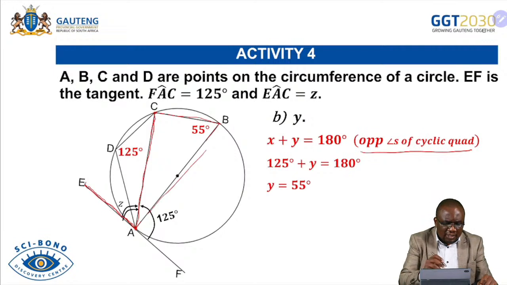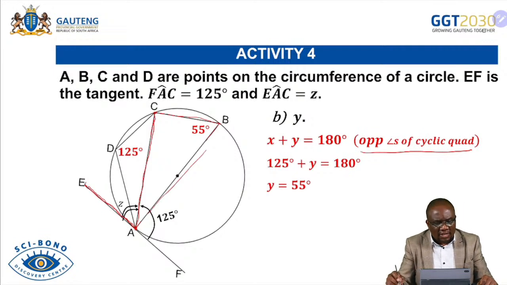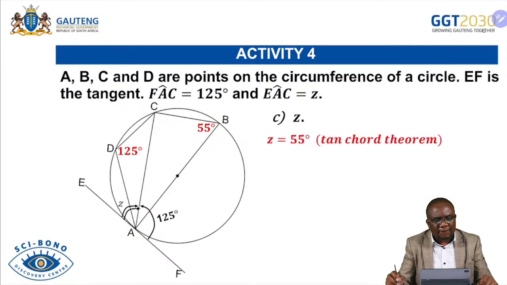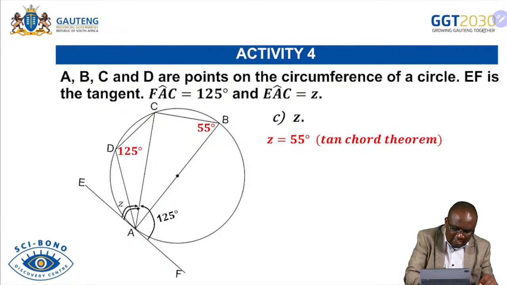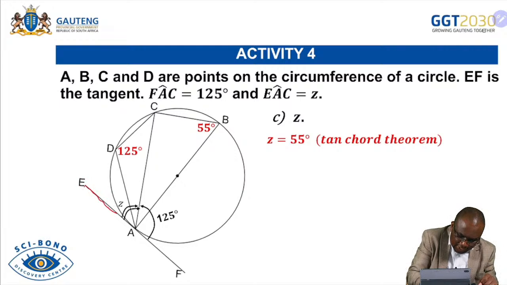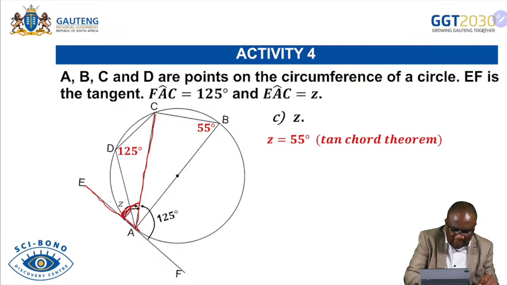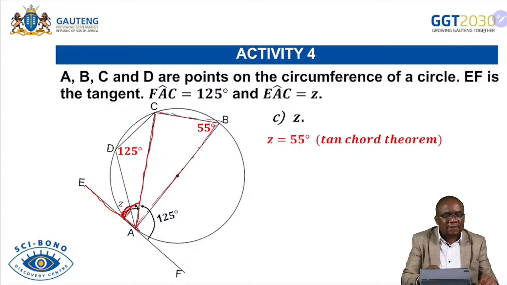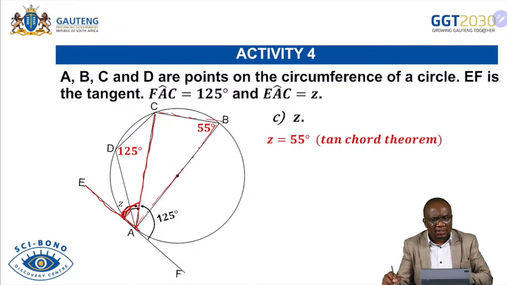Okay, now what is angle Z? Angle Z is going to be 55 degrees, the tan chord theorem. Okay, right, because of this angle, tangent, chord, the angle between the tangent and the chord, and then the angle subtended by the chord at the circumference. The angles are equal. Okay, do you see that?